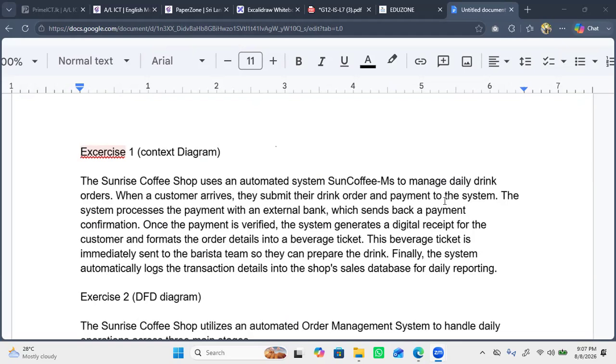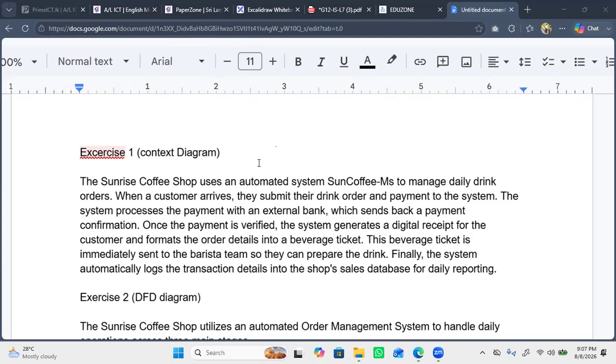It won't take that long. Okay, quickly do this one. Context diagram. Exercise 1. Sunrise Coffee Shop.